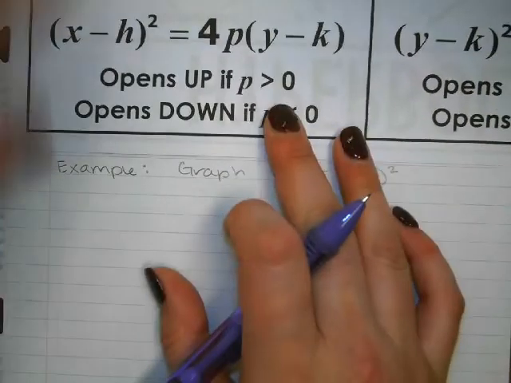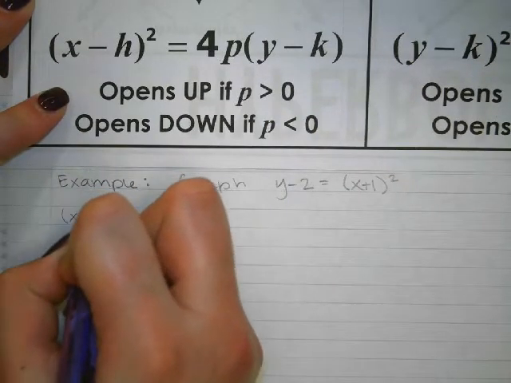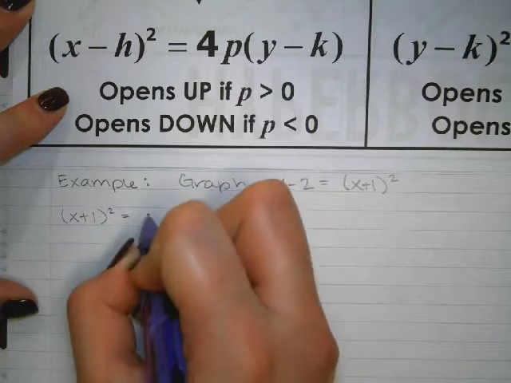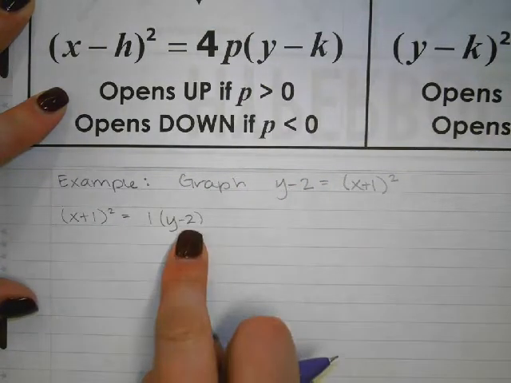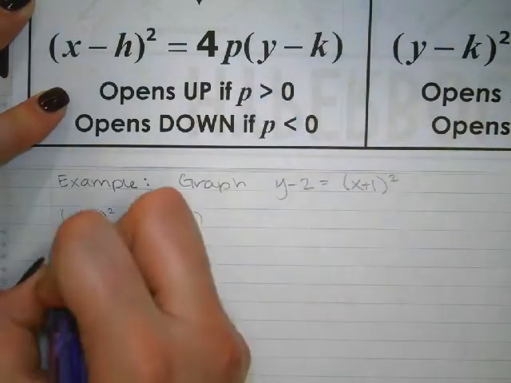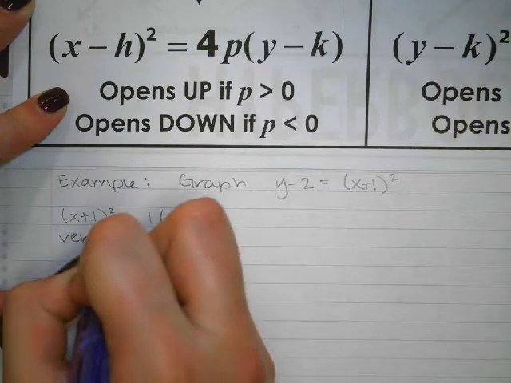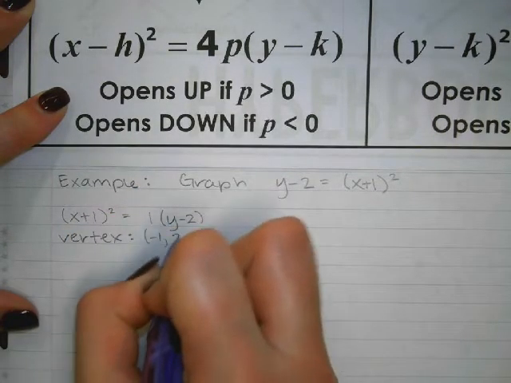So what I would do first is probably just switch the order. So I would say, okay, this is x plus 1 squared equals 1 times y minus 2. I'm writing it this way so I get as close to it looking like this as I can. So that means that the vertex of the graph is going to be -1, 2.